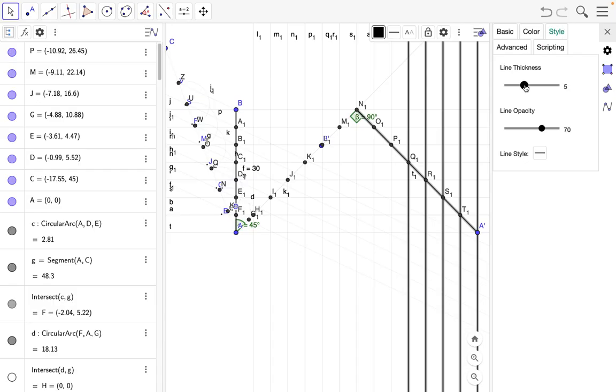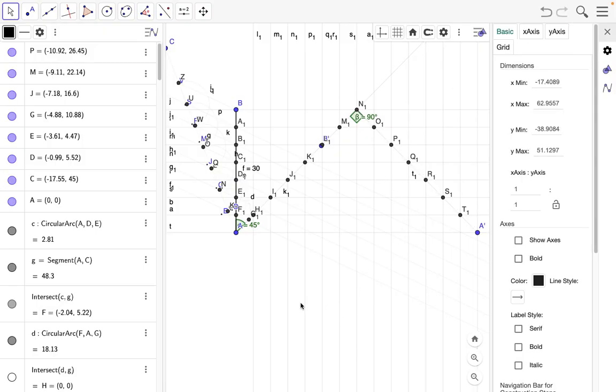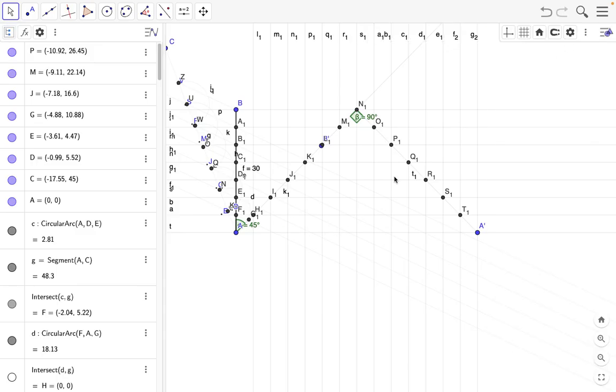Style will make them faint. So they are appearing to be faint lines or construction lines.